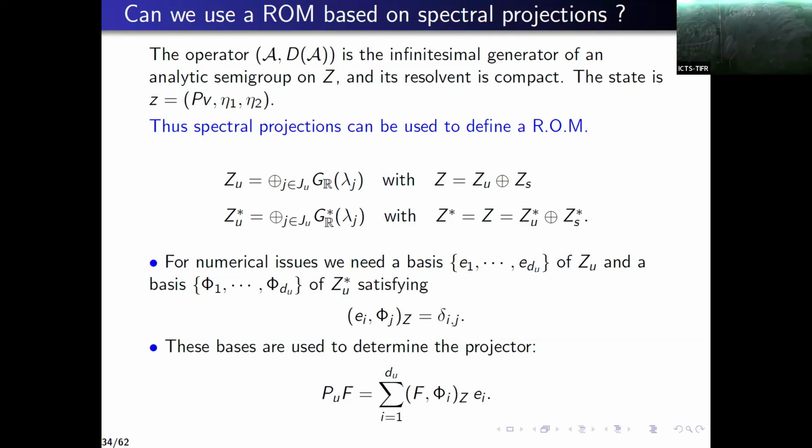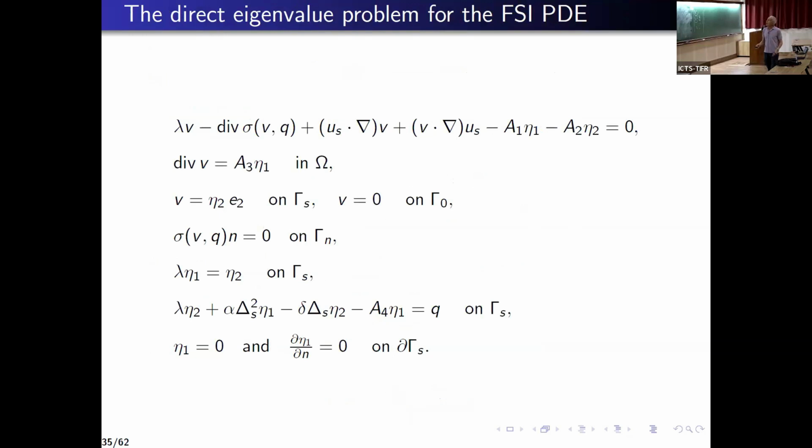Okay, so numerically, what we need is to compute the eigenvector for ZU, the eigenvector for ZU star, and we need to determine the projector like that. That's why we need the adjoint formulation.